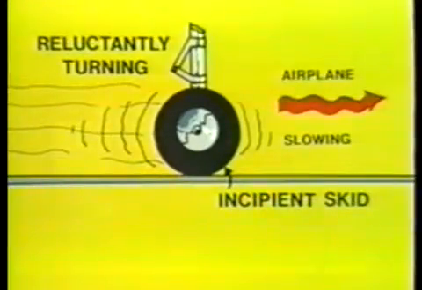Best braking is always achieved when the wheels are in what's called an incipient skid condition. In English, that means that just a little more brake pressure would lock up the wheels entirely and make them slide down the runway. In an incipient skid condition, the wheels are turning, but with great reluctance. Whatever you do, though, don't lock the wheels. Locked wheels mean skidding down the runway on tires that are not turning.